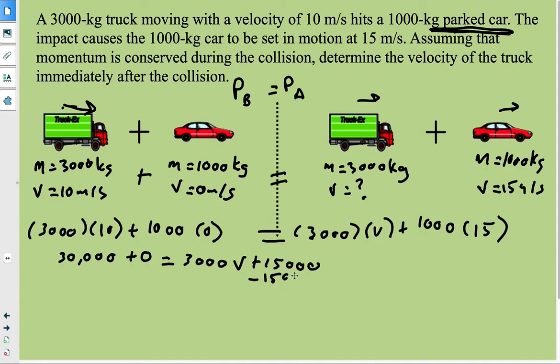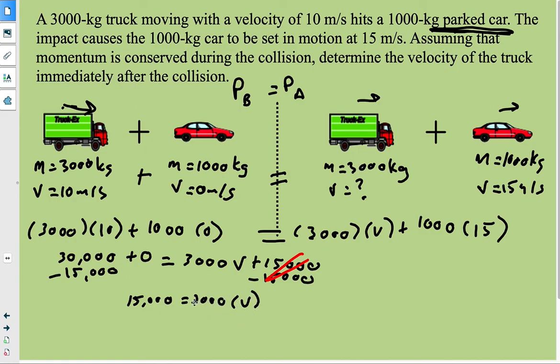So I'll subtract 15,000 from that side, 15,000 from this side. And here it's going to cancel, right? So then that leaves me with, and 30,000 plus 0 is just 30,000, right? So 30,000 minus 15,000, that'll be 15,000 equals 3,000 times v.